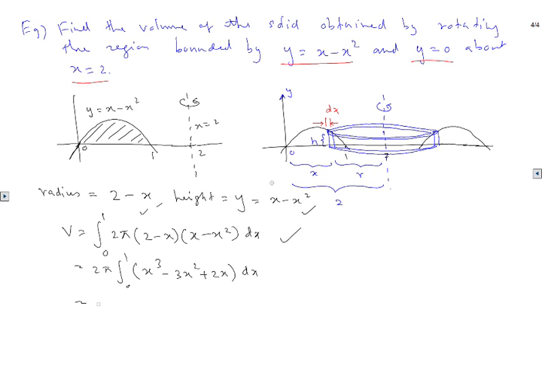You can integrate term by term. So this is x to the 4 over 4 minus x cubed plus x squared. And then we put in 1 and 0. If you plug in 1 and 0, you end up getting pi over 2.